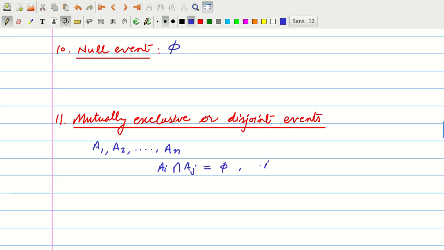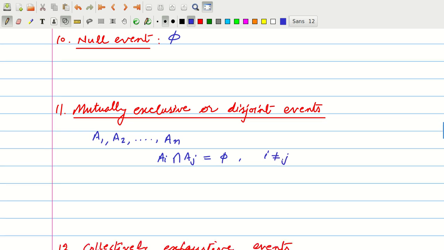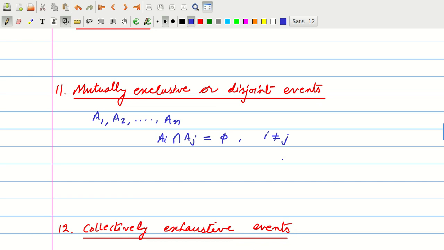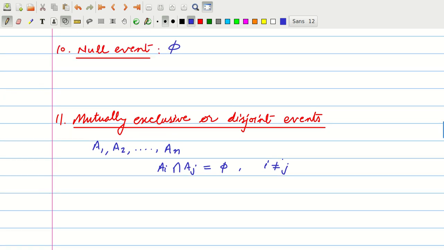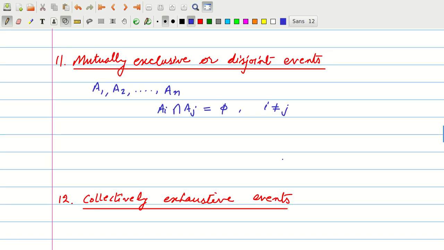AI intersection AJ equal to phi for all I not equal to J. For example, if we roll a die and define two events on it, one, the number of dots that show up is an even number, and another event that the number of dots that show up is an odd number. So these two events are mutually exclusive events.